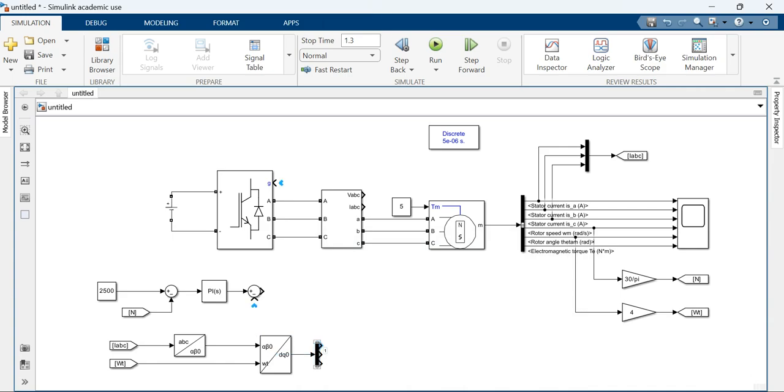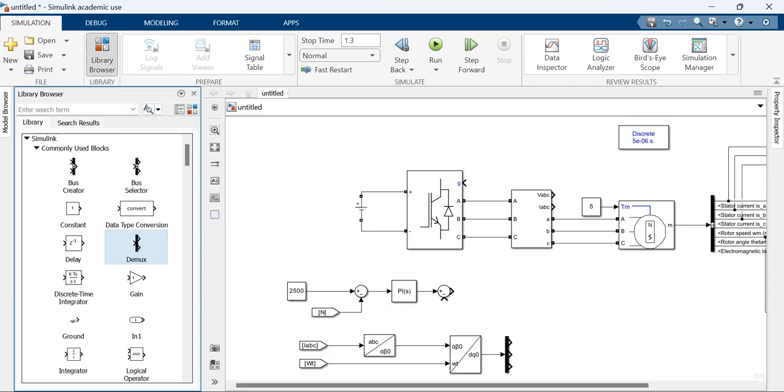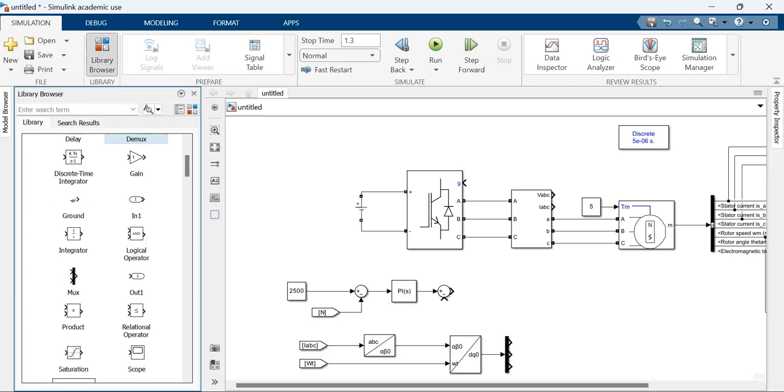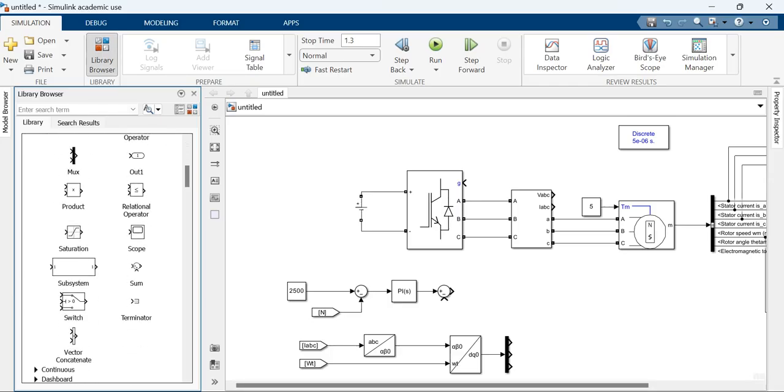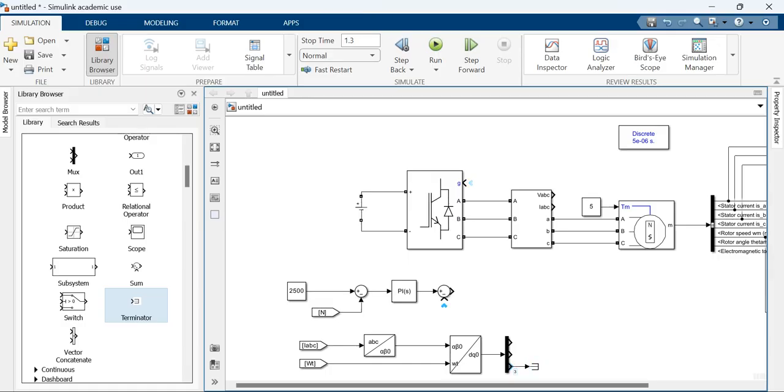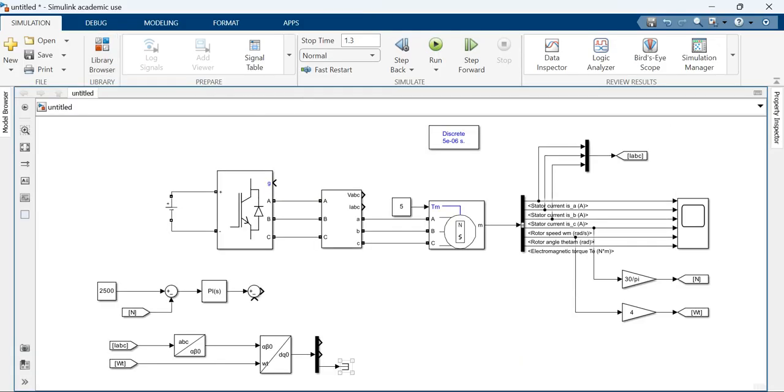It looks good. Now the first one is D, second one is Q, and third one is 0. So 0 is not needed. So let me have a terminator, which is available in commonly used, and I will terminate this 0.